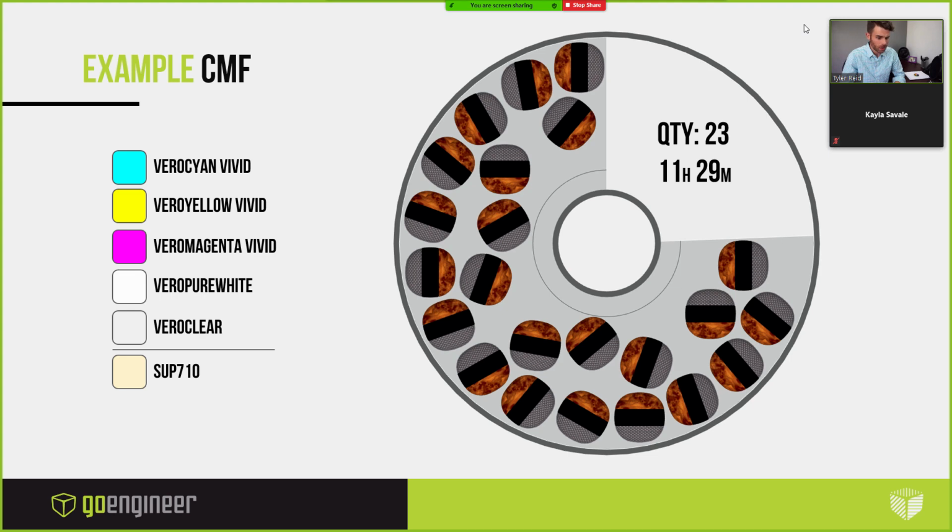And when we talk about the dimensions of the build tray, we think in length and width and height. But with the J55, that doesn't apply because the build tray is actually round. It's a donut, really. I'm going to talk a little bit more about the dimensions here, but I wanted to show a preview of GrabCAD Print where we have some models laid out here in the build tray.